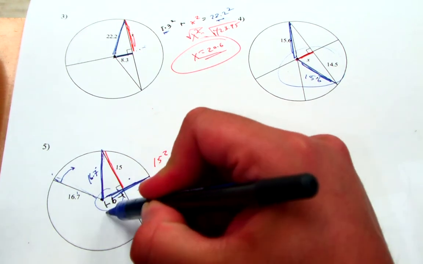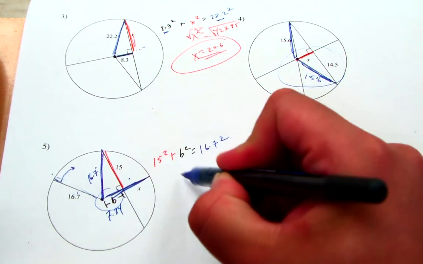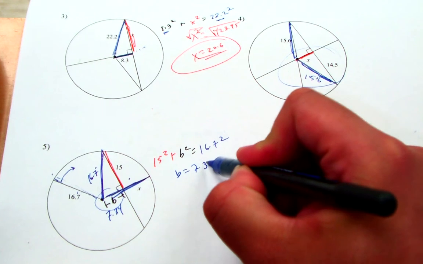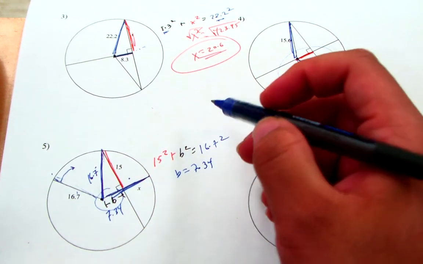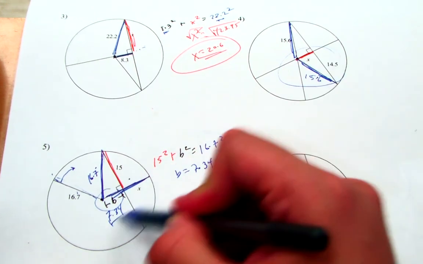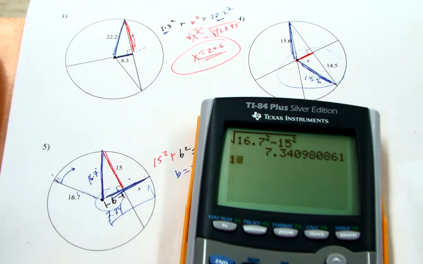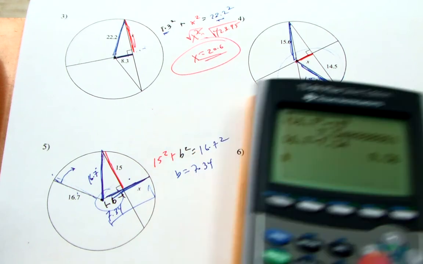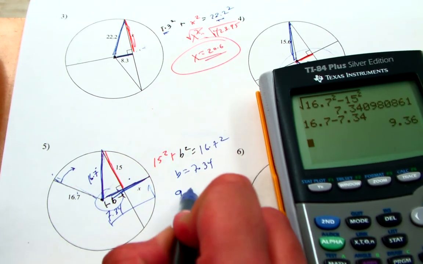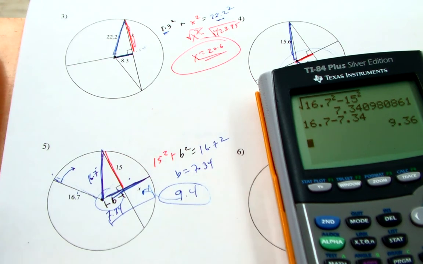So this length right here is 7.34. So that's not x, but it's pretty much giving us x because we know that this whole length here, as mentioned, is 16.7. So simply take away from 16.7, 7.34, and we have a final answer of approximately 9.44 for x. So a lot of moving parts there, but if you take them each step by step, you'll see it's not too bad.